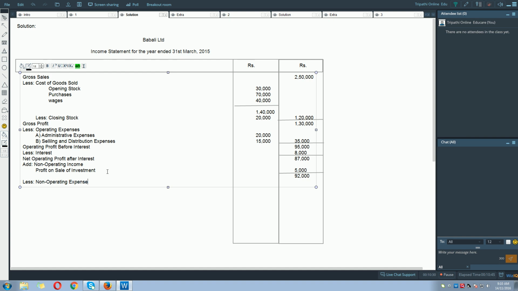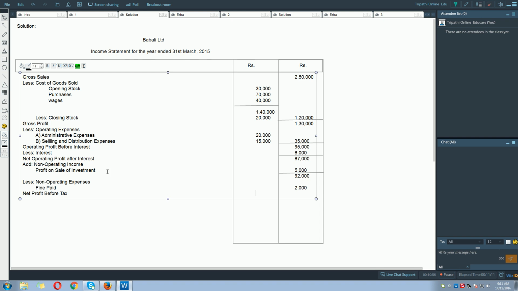Less: non-operating expenses, and we have one item, fine paid, 2,000.